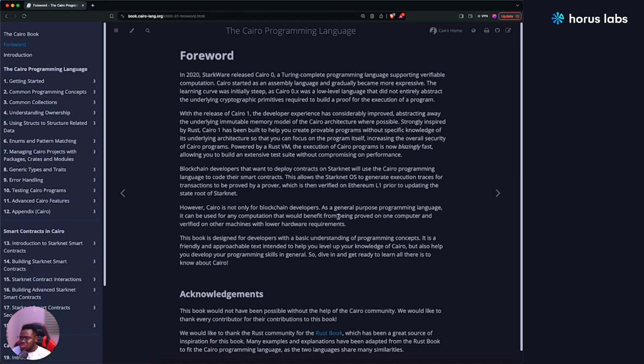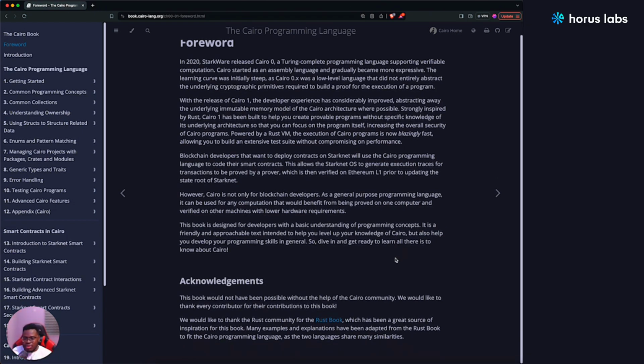In the next section, which is an introduction, we're going to be looking at what the Cairo programming language is. I already gave an intro into that though, and basically why you should learn it. And of course, acknowledgements. Just like I said initially when we started, this book would not have been possible without the help of the community. A lot of amazing developers within the community came together to contribute to this book.